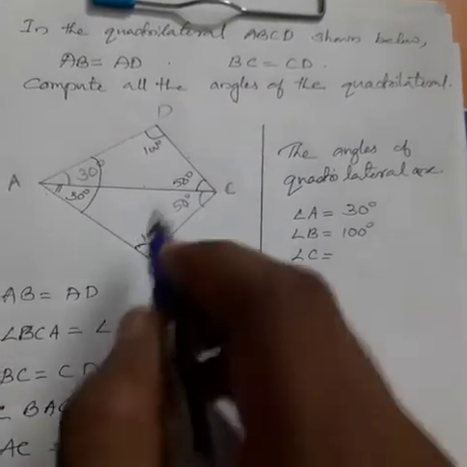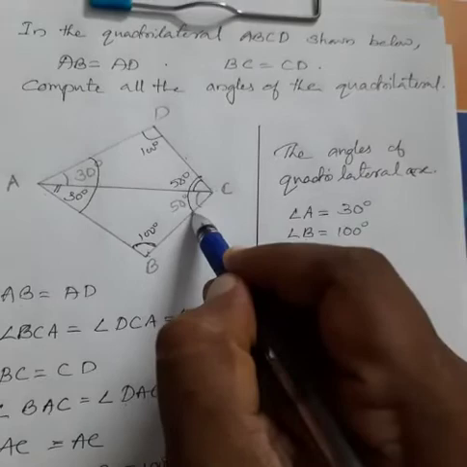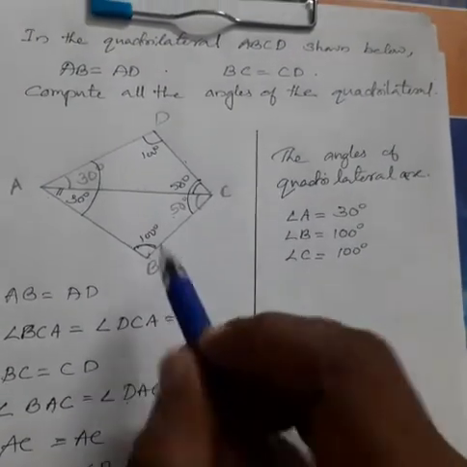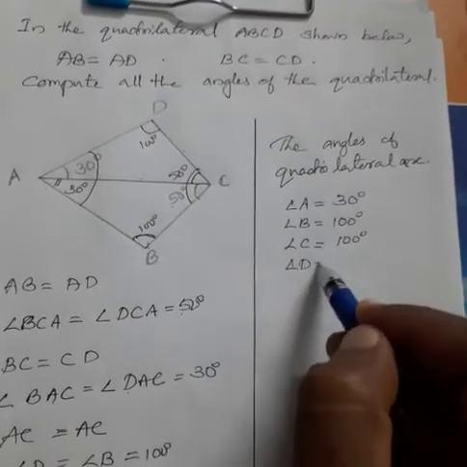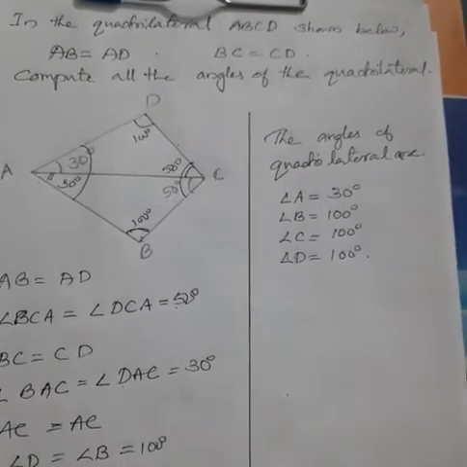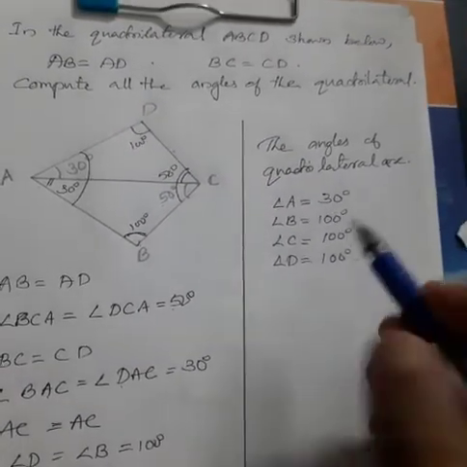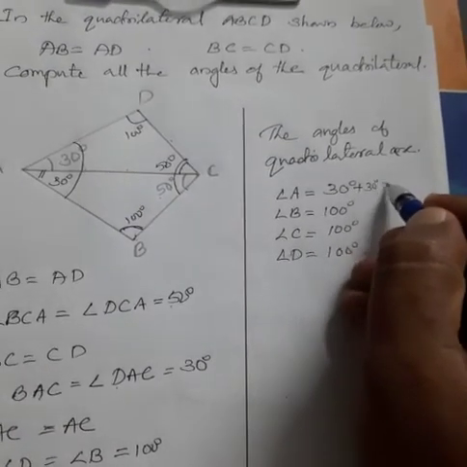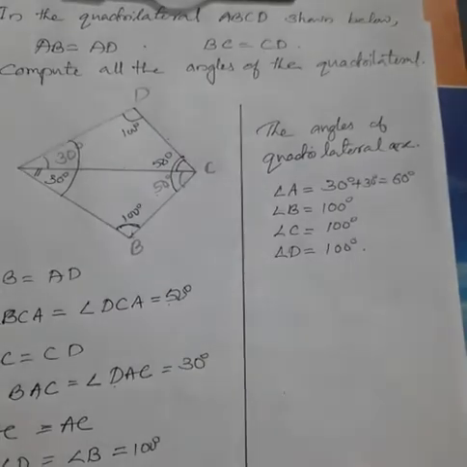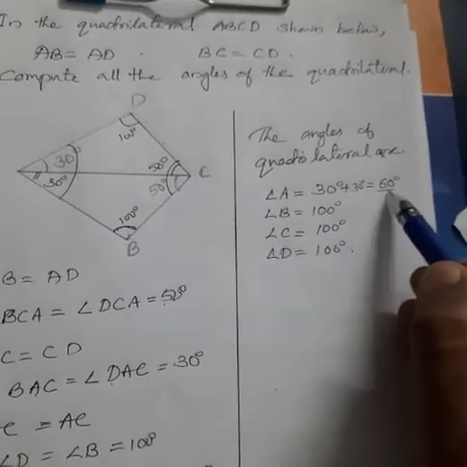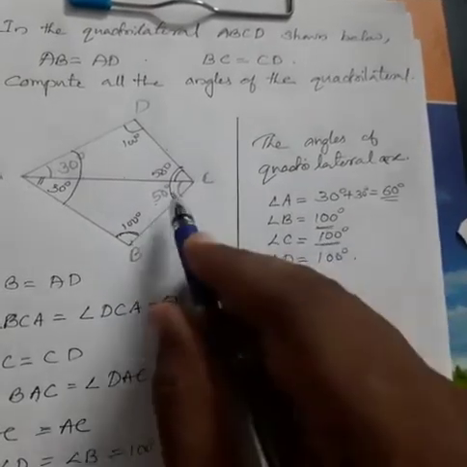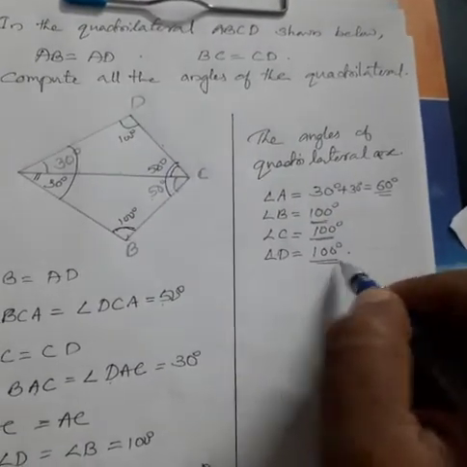Then angle C is equal to, it is together, so 50 plus 50, it is 100. Then angle D is also 100 degree. And angle 30 plus angle 30 should be 60 degree. So angle A is 60, angle B is 100, angle C is 100, and angle D is also 100.